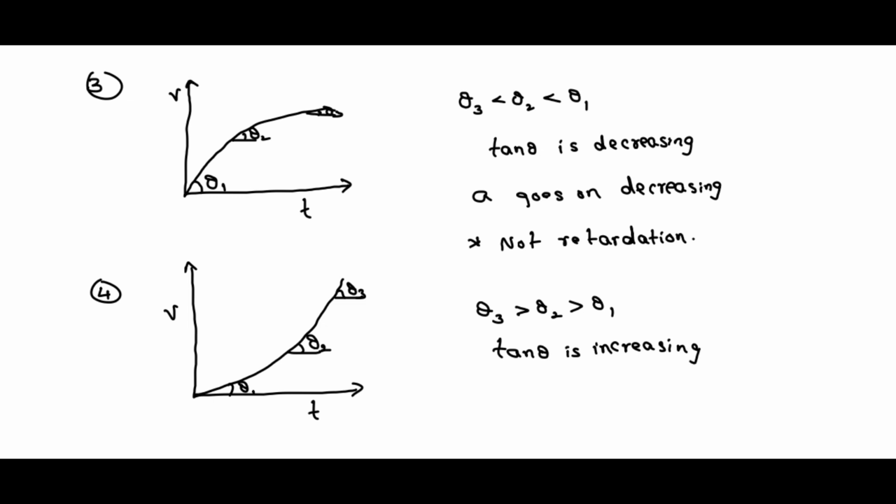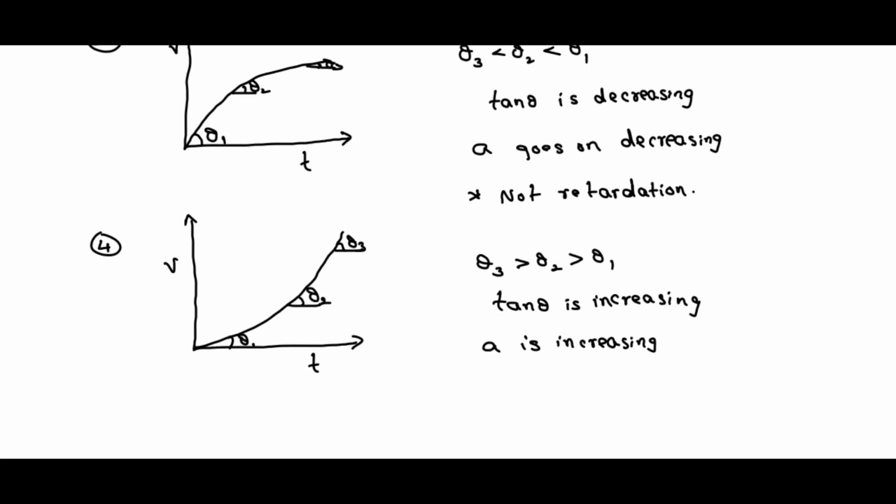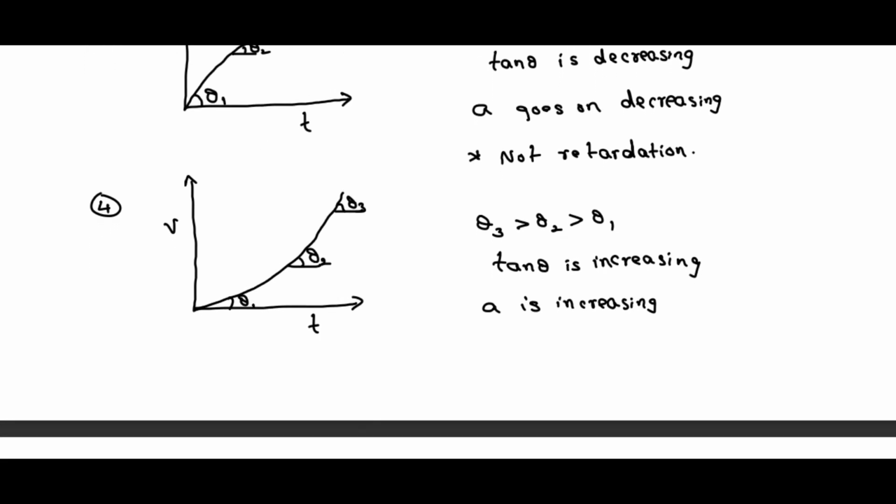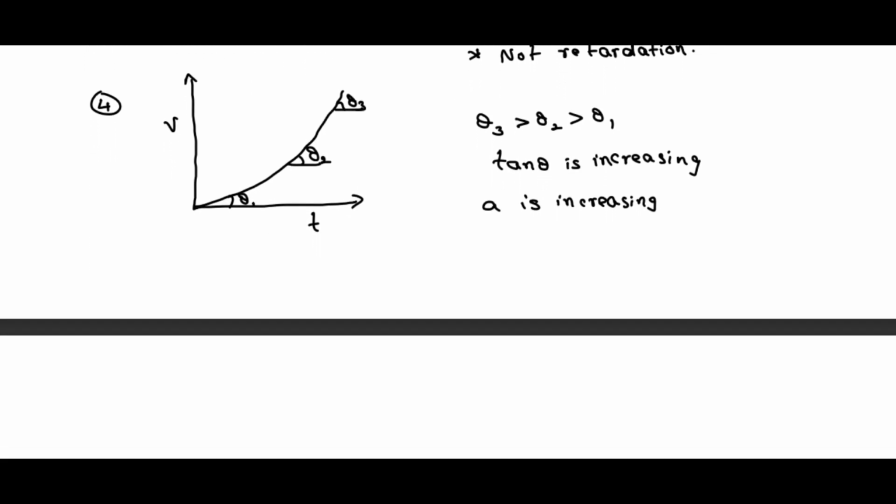If tan theta is increasing, acceleration goes on increasing. A is increasing. It is non-uniform acceleration.